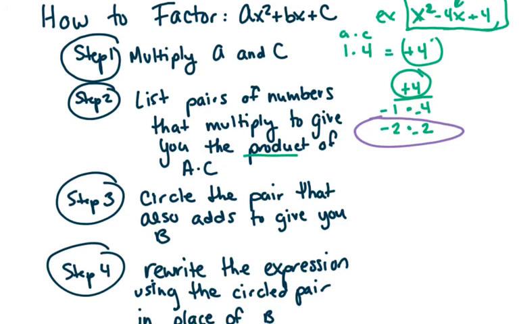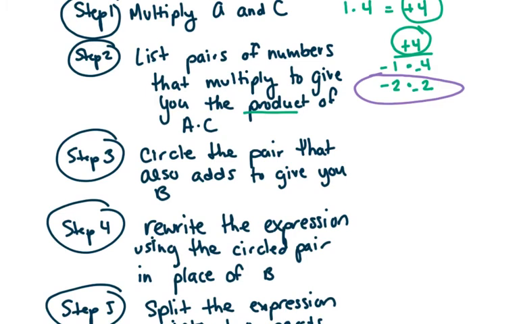What I mean by that, I have x squared, that stays the same, but I'm going to write what it was above so we can see. Instead of this piece, I'm going to use my two numbers. So -2, I'm going to put the x with it still, -2x plus 4.